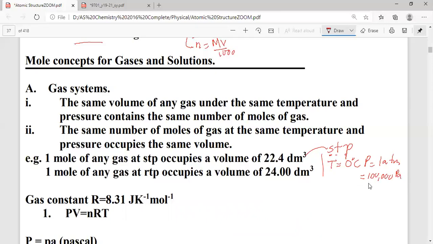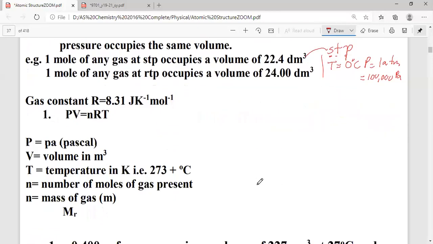These two are the same. That is for 1 mole of gas. Now this one means RTP, room temperature and pressure. The temperature of room is taken at 25. I don't care what is in your room, scientifically 25. Pressure is the same, 1 atmosphere.